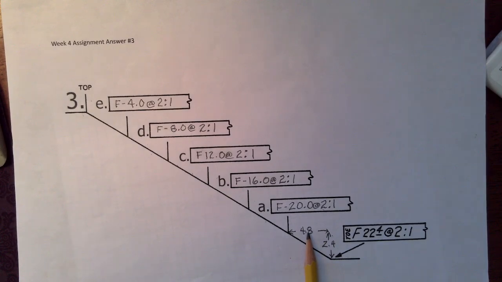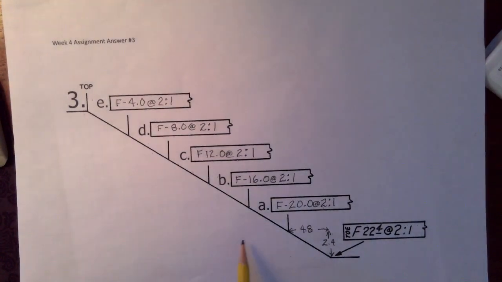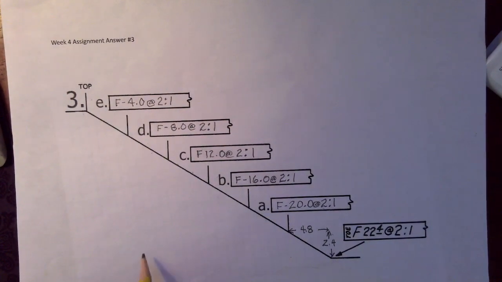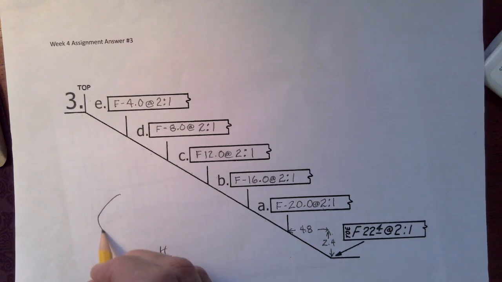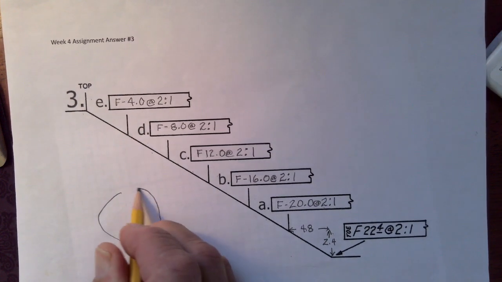Because remember, the slope equals the horizontal divided by the vertical. And in the circle form, it's going to be like this.